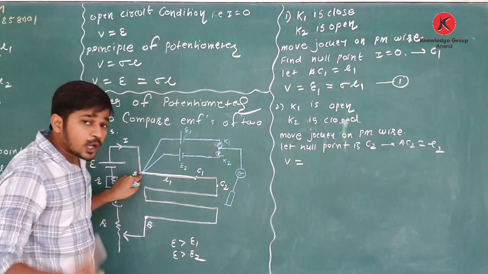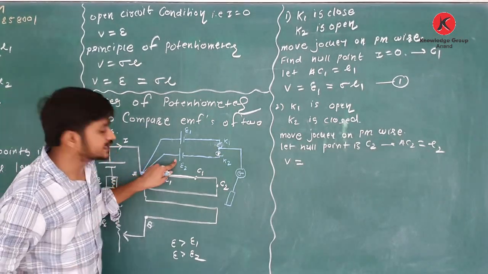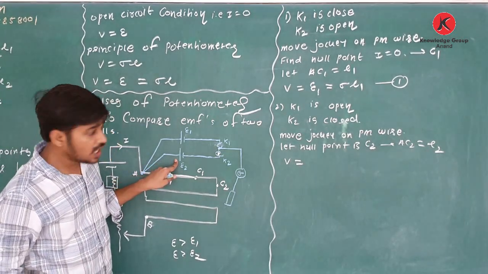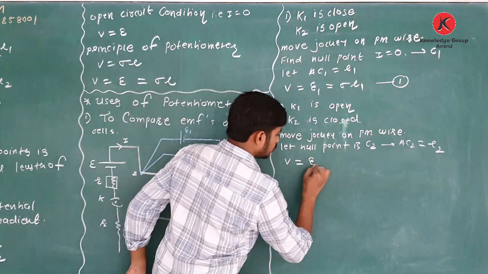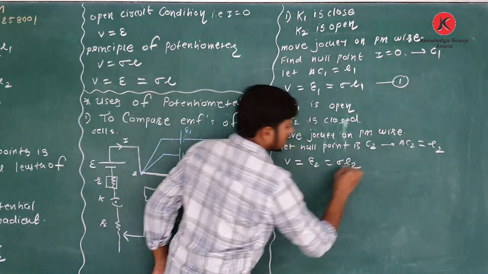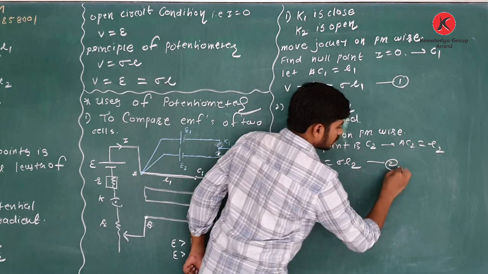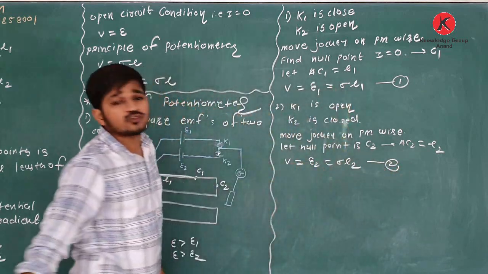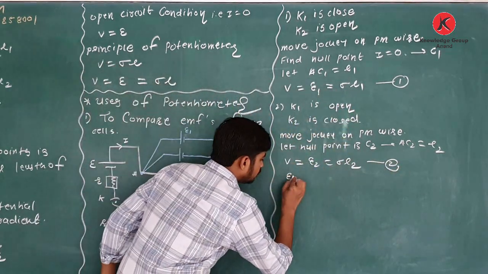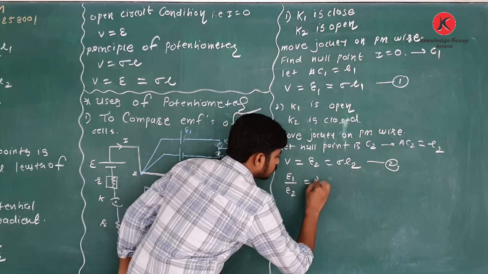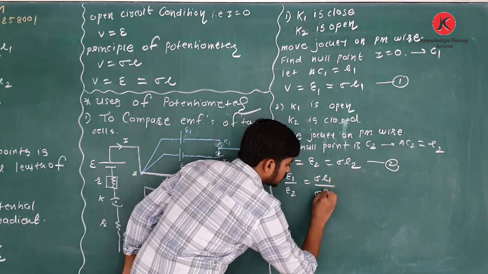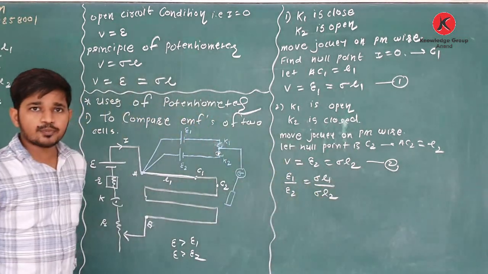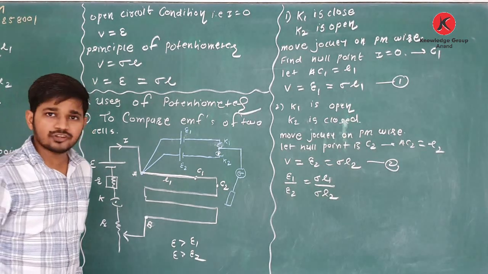Now which cell is in connection? This cell having EMF E2. Then V is equal to E2 is equal to sigma L2. Clear? If you take the ratio of these two equations, then E1 upon E2 is equal to sigma L1 upon sigma L2.